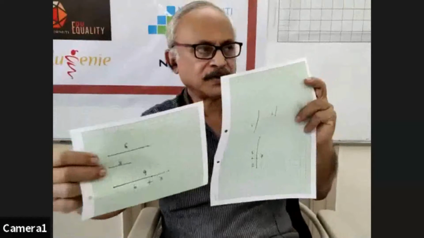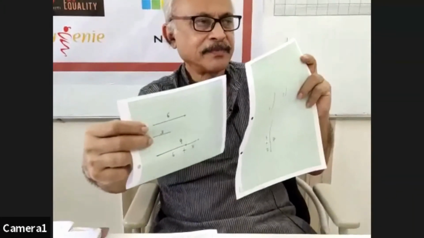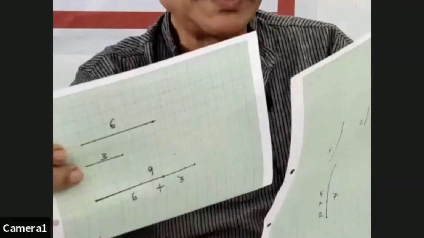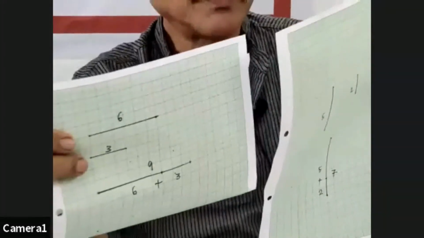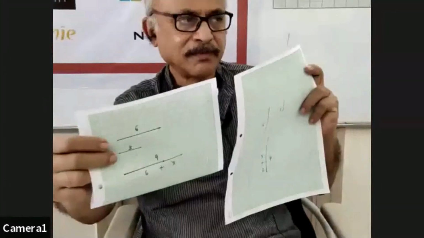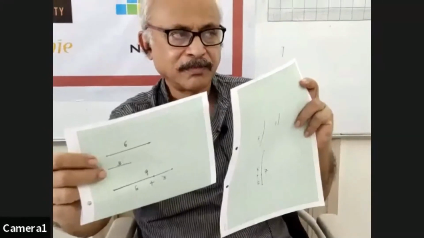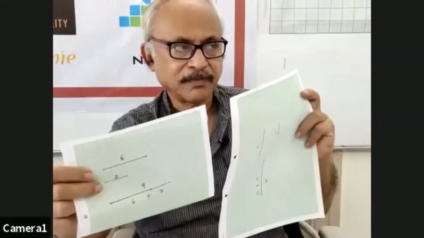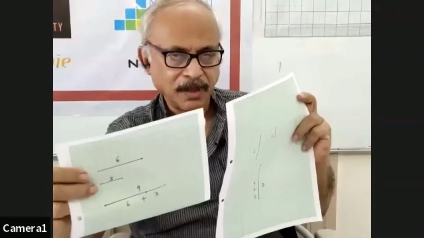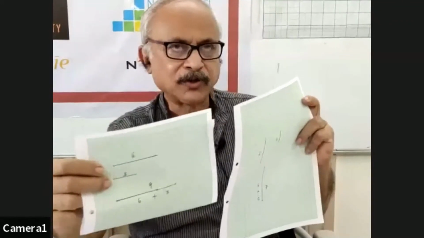What is different? That's horizontal. This is vertical. Correct. Please say that in the mic. You have written 6 plus 3 is equal to 9 in a horizontal way, while you have written 2 plus 5 is equal to 7 in a vertical way. I have drawn one horizontally, the other one vertically.